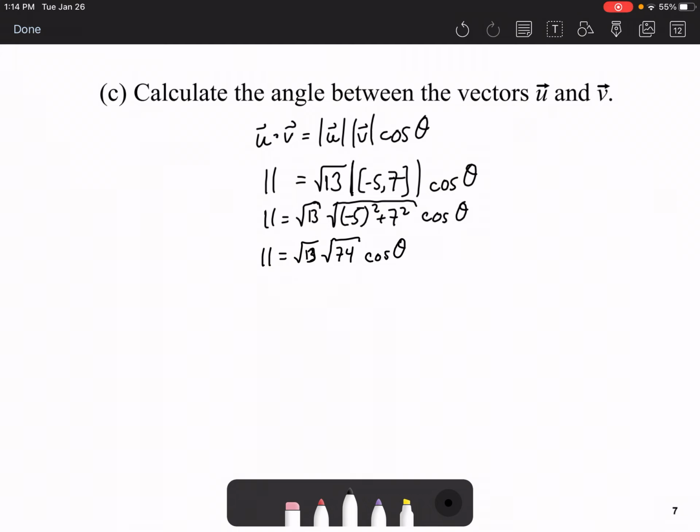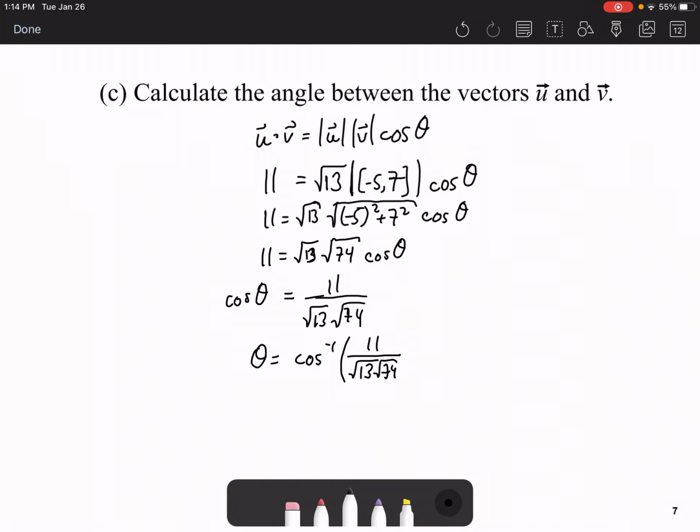So to find out cosine theta alone, take the value of 11 and you divide by square root of 13 times the square root of 74. And therefore, theta is the cosine inverse of that value. Please do not use approximations of square root 13 and square root 74.